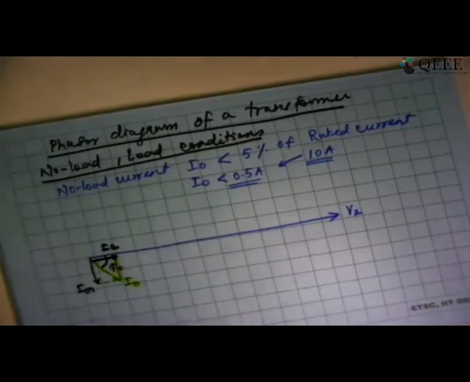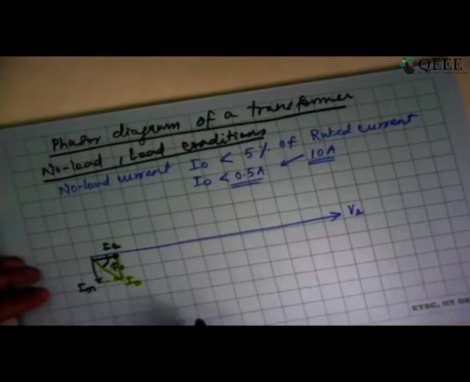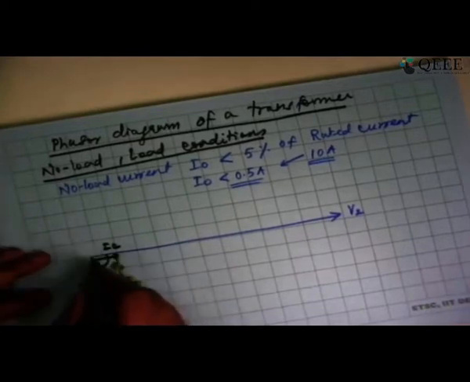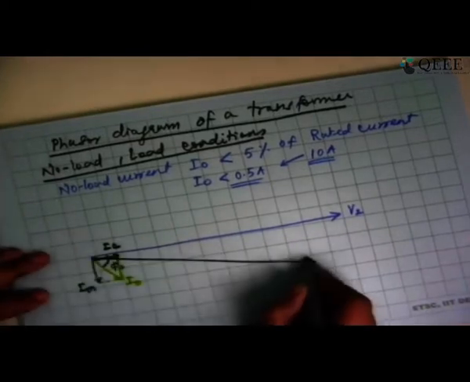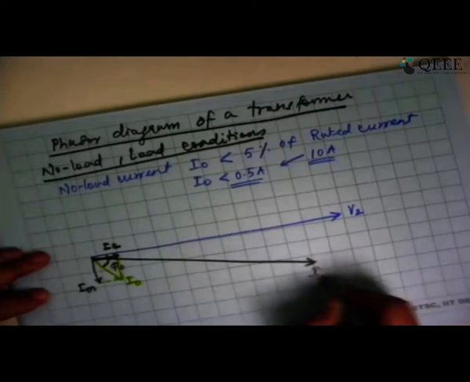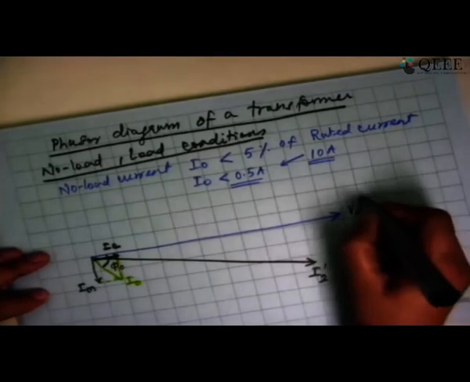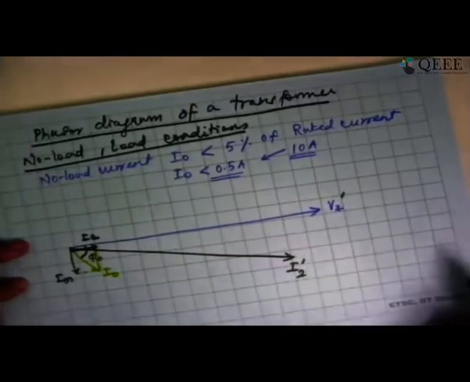Now, depending upon what kind of load I have connected, if it is inductive load, for example, maybe my current will be like this. This is what is I2 dash. If I call this as V2 dash, please note that I am drawing everything from the primary side. So this is V2 dash, this is I2 dash.